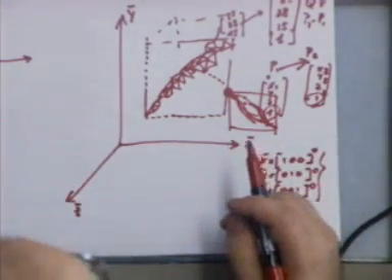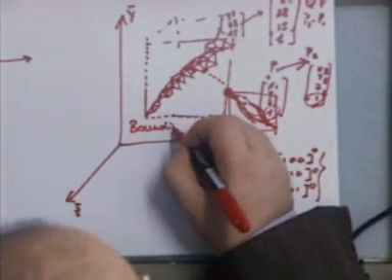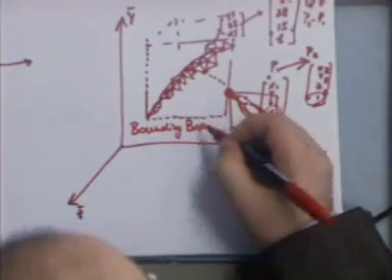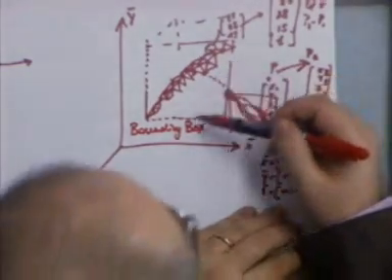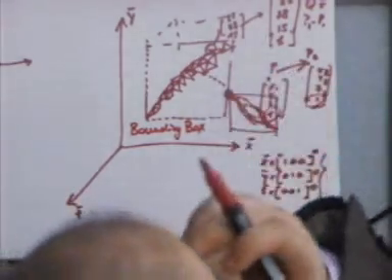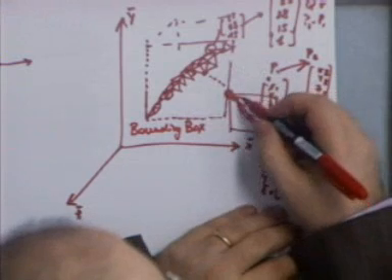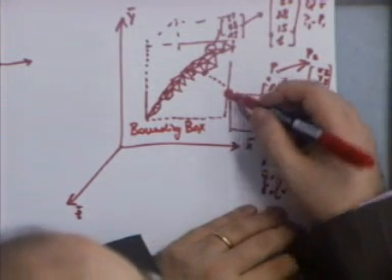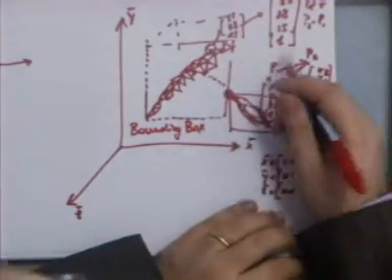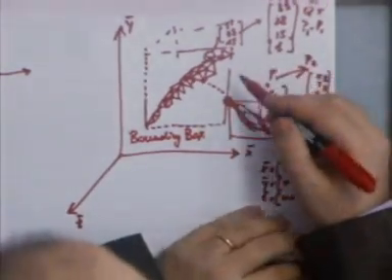This leads me to the problem. The bounding box approach is interesting. The idea is to put every mesh inside a box and to perform checks on boxes and not on the meshes themselves, because checking on the boxes is far more efficient.